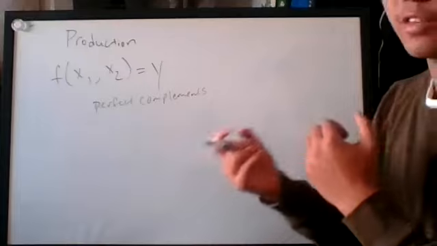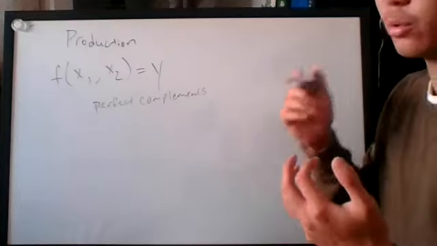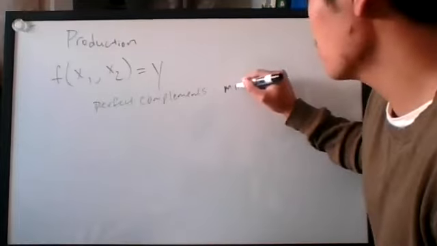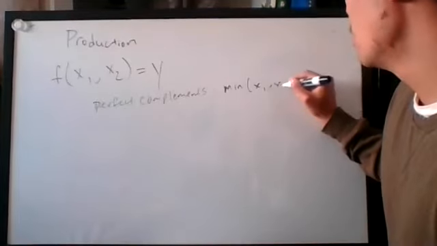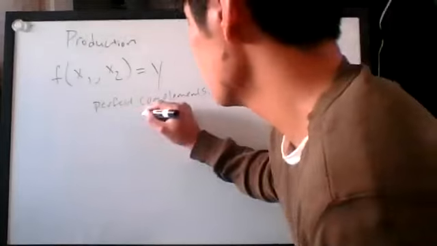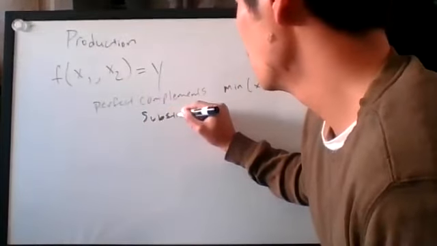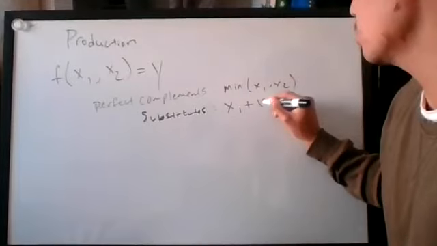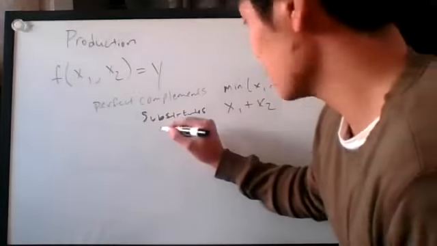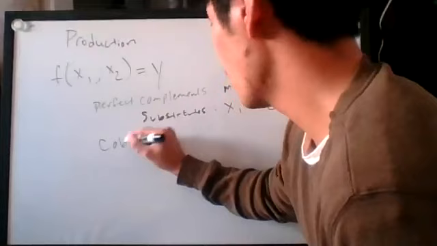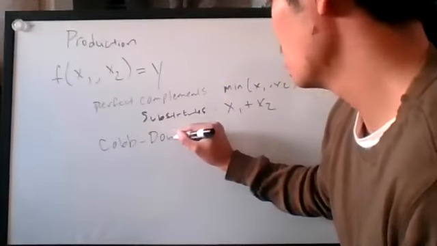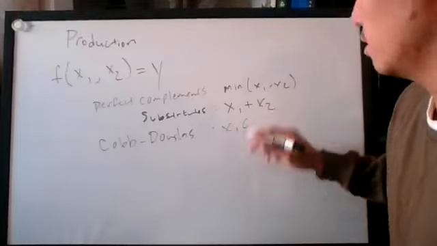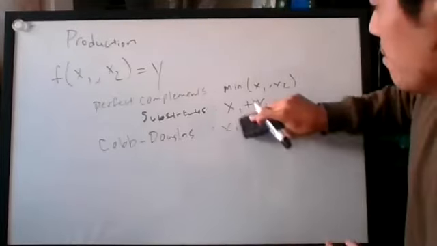You need a set amount of each good to create one desk, so this is going to be a min function. We also have perfect substitutes, your classic x1 plus x2. And we have obviously our Cobb-Douglas, and that's going to be just x1 times x2, okay?